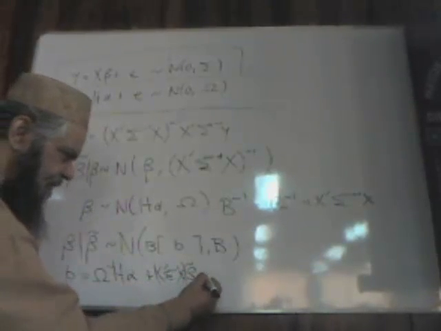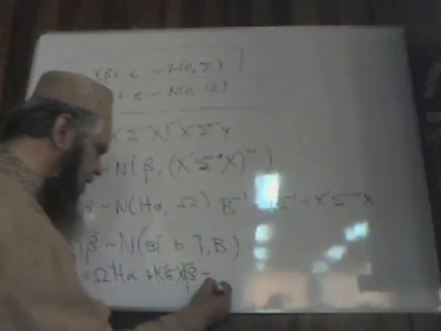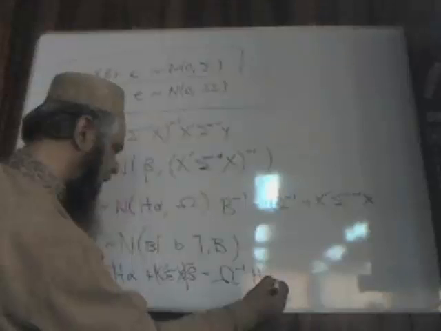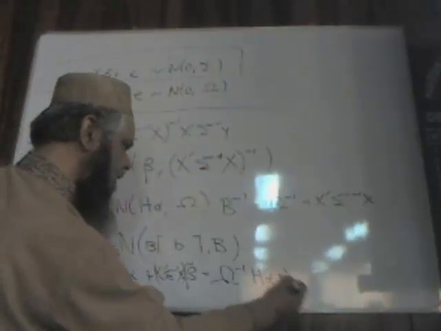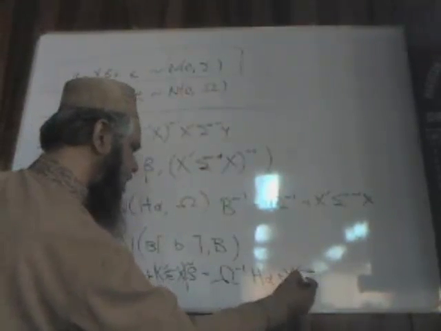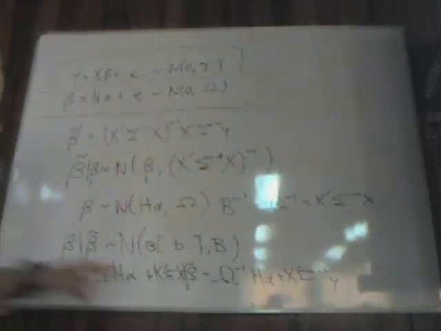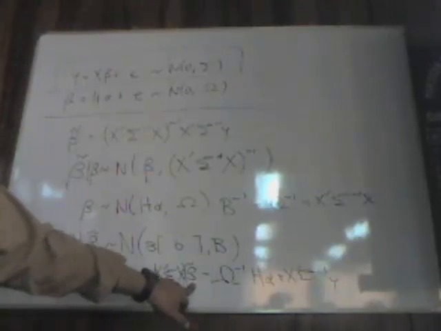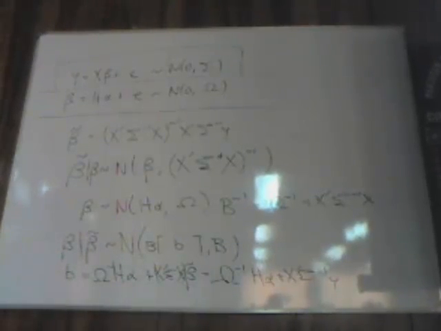Now there is a little bit of cancellation here. So we have omega inverse H alpha plus x transpose sigma inverse y. This x transpose sigma inverse x cancels with the inverse of the term occurring in beta tilde at the first stage. So these are the formulas, very easy to derive, nothing to it.